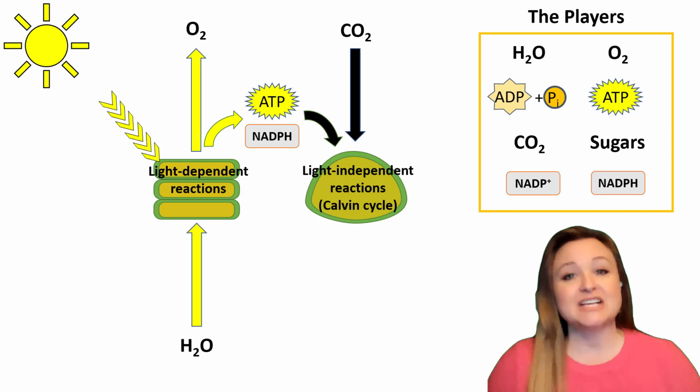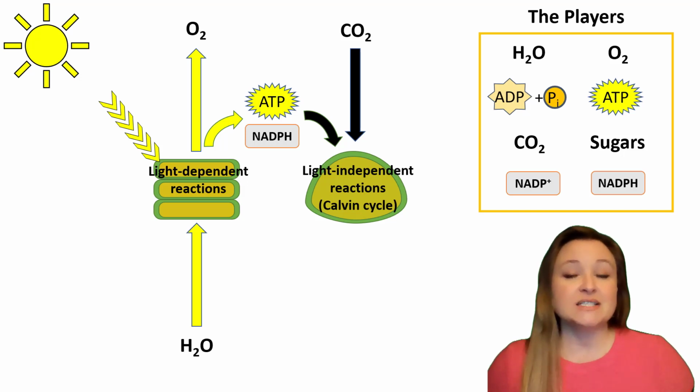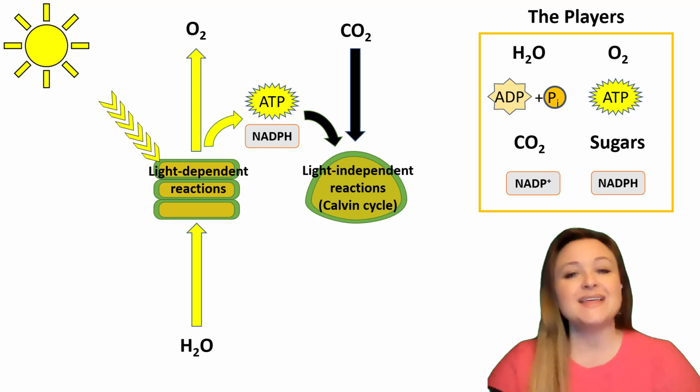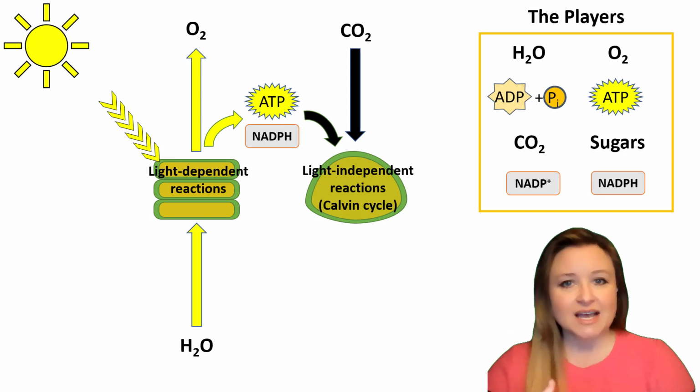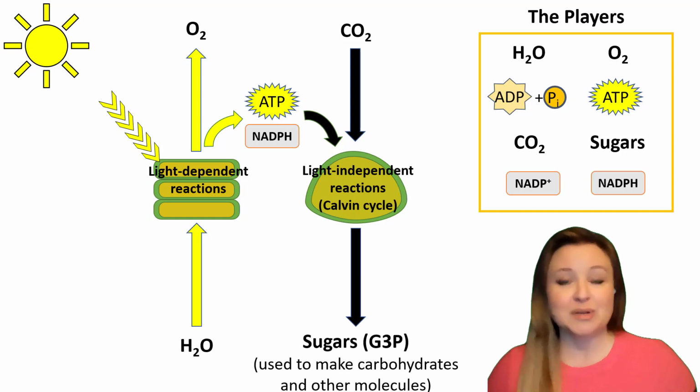Now, the Calvin cycle is a cycle. So each molecule of carbon dioxide that is fixed is going to become part of a molecule that is in the cycle. Okay, so one carbon dioxide means one turn of the cycle. And after we have 3 turns of the cycle, we can generate a sugar known as G3P, which is a 3-carbon sugar.